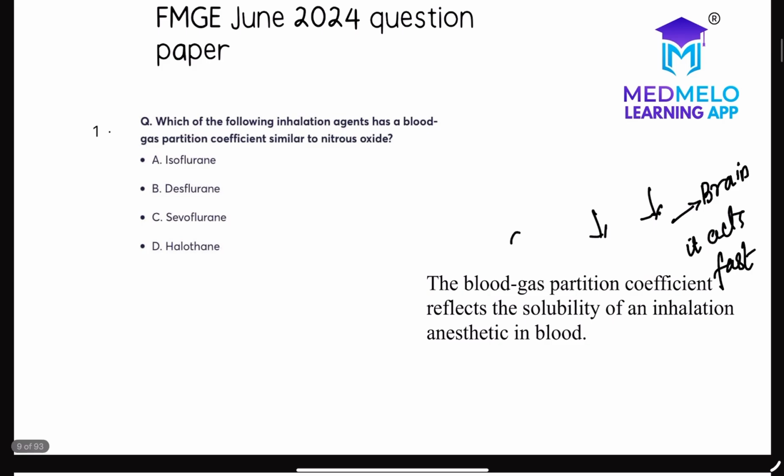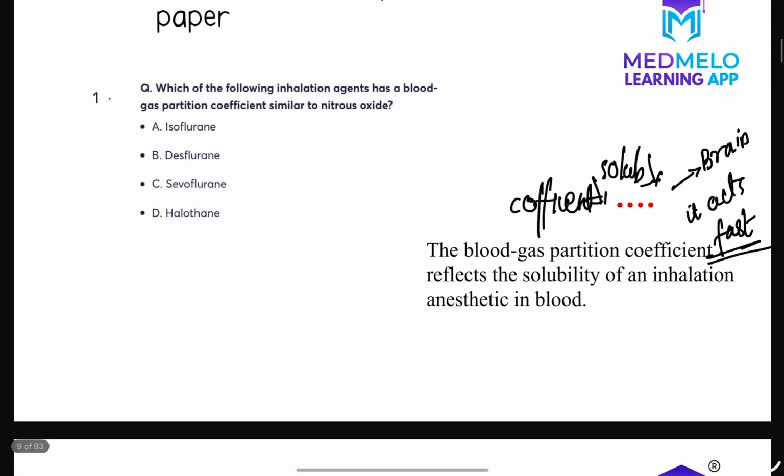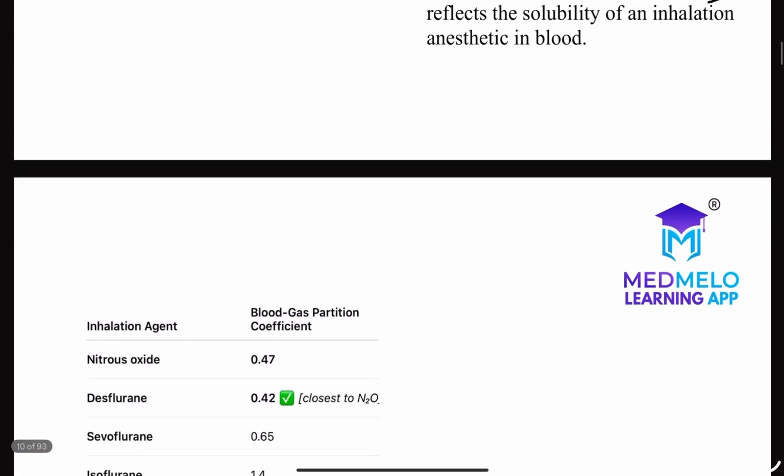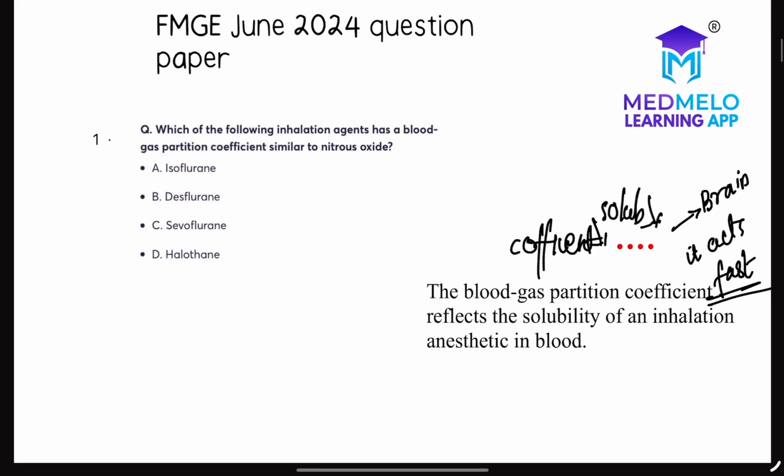So if the coefficient is less, solubility will be less and it will act fast. And they're asking which of the following inhalation anesthetics has a blood gas partition coefficient similar to nitrous oxide. So we have to know what is the blood gas coefficient of nitrous oxide.